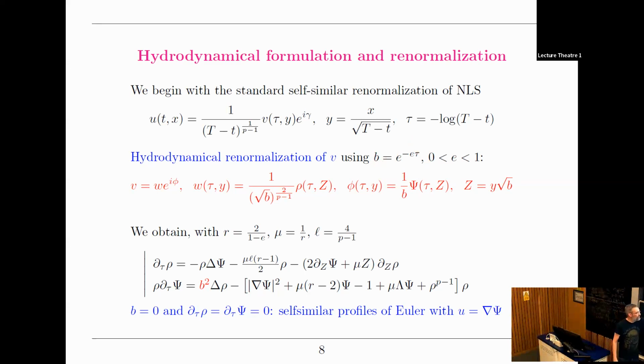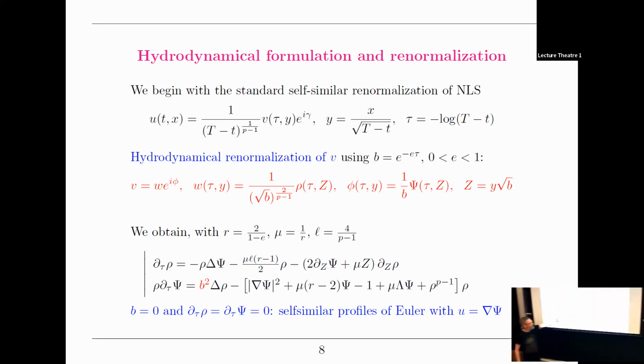So you can think in first approximation that at the end you will converge to a stationary solution. In other words, dt rho and dt psi will go to 0, at least that's the heuristic. And of course, the other thing that you can think of is that in principle, given that b goes fast to 0, this term will disappear. And in other words, in the limit, you will see just this equation with these two terms cancelled. And this, I claim, is exactly the equation of self-similar profiles for Euler.